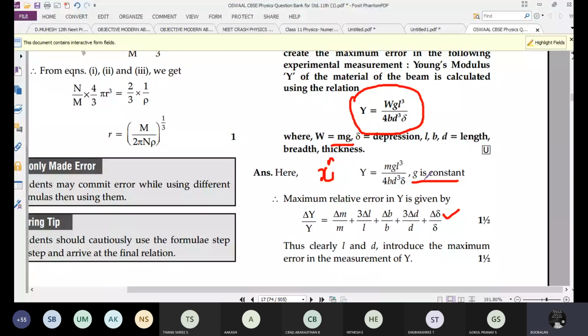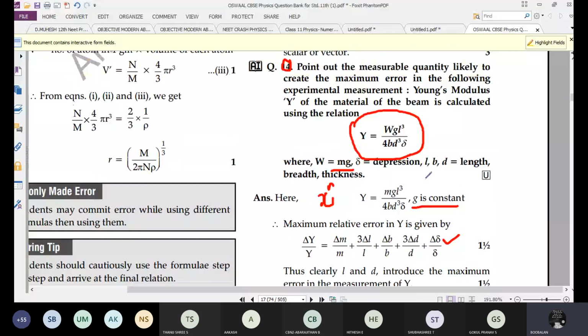Did you understand? Listen. Now we are following different types of notes. This is one material, then numerical problems, Modern ABC. Next, a crash course and some other material also. 5 to 6 notes we are using, with different problems referred from the different notes, and the NCERT book also.